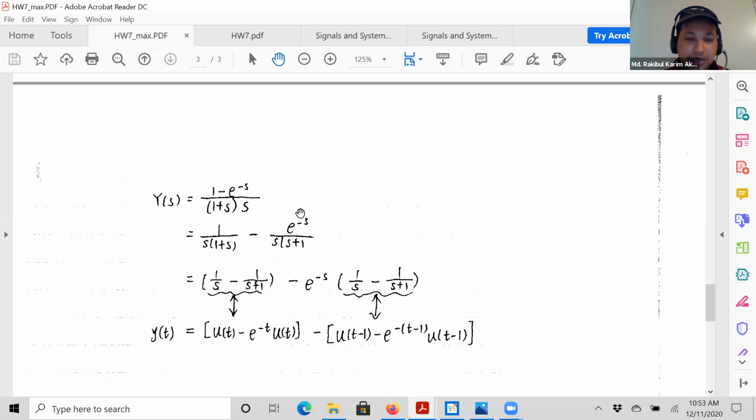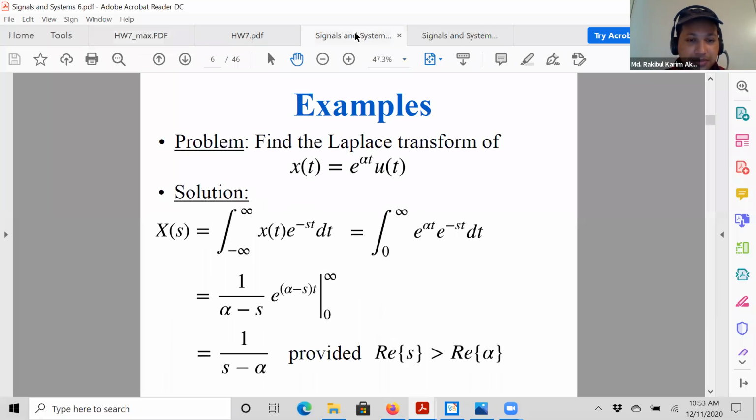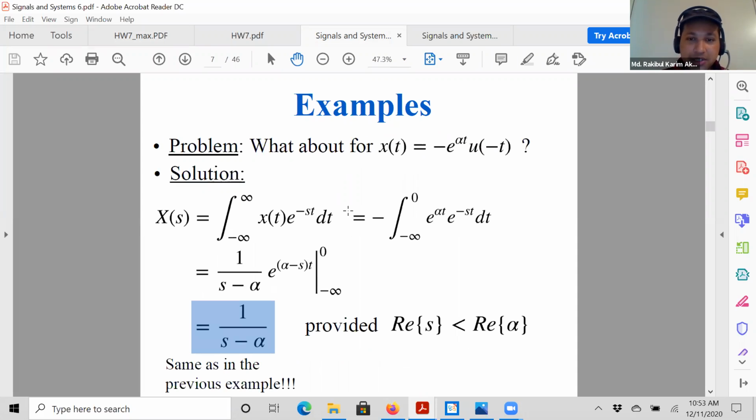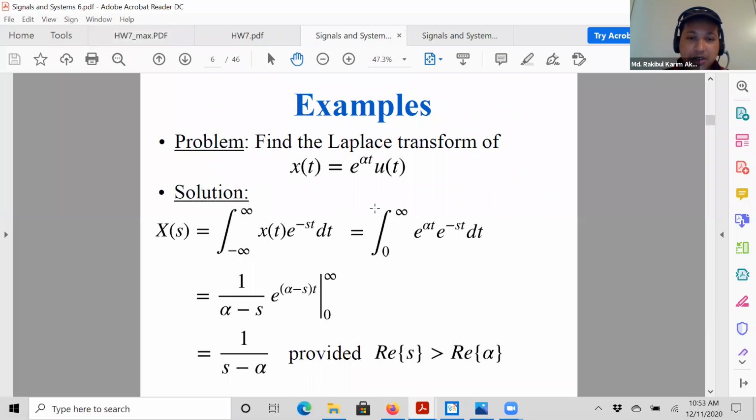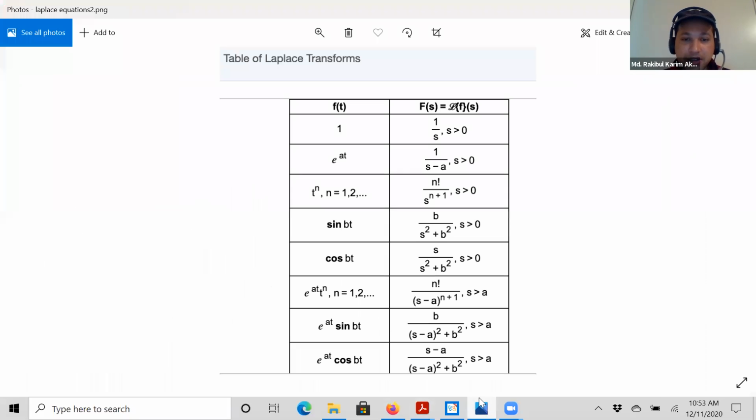We only know 2 or 3 equations, say this equation, or the next equation, and these two equations, sine bt and cos bt. We only know these 4 equations and some properties, of course, 5 properties.